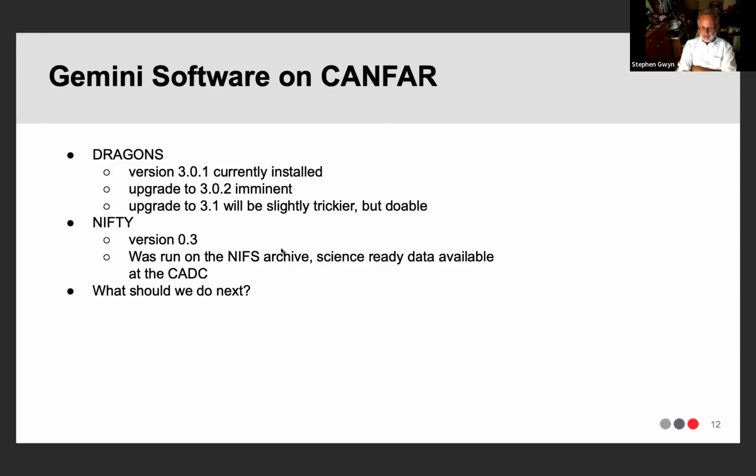Rather than you going through the archive, downloading the data and processing it, you just download the data and it's ready to go. For other archives that we host at the CDC, CFHT data in particular, and back in the day we also did an awful lot of HST processing, we found that this caused the reuse of data to be significantly higher. Next slide, please.